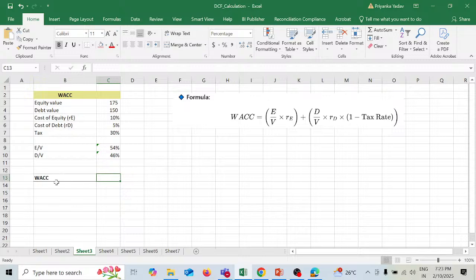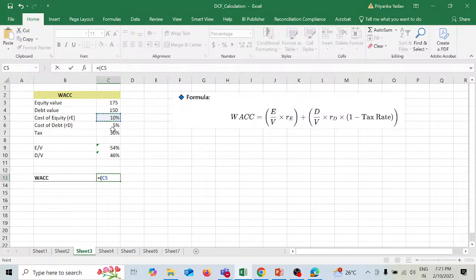Now we're going to calculate WACC. For this we require first your E by V value, which we have calculated. This is multiplied with RE, that means your cost of equity.